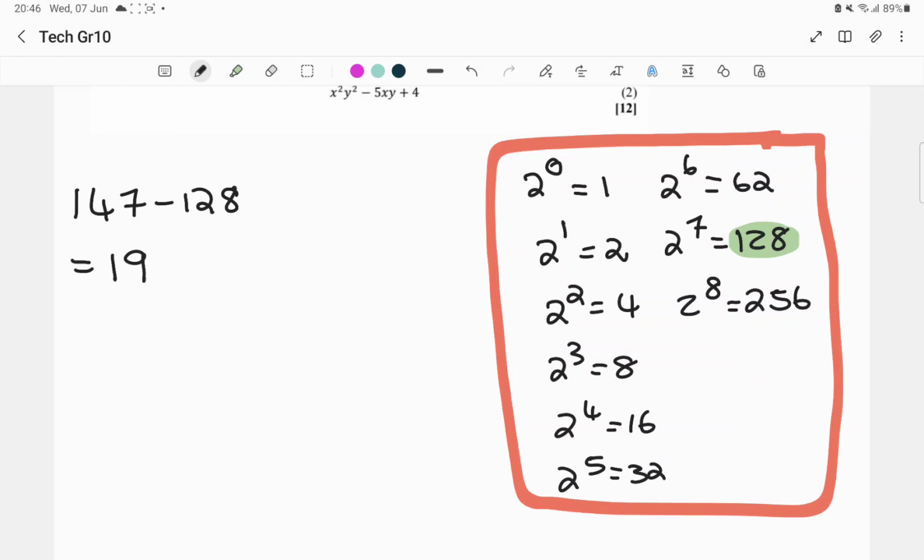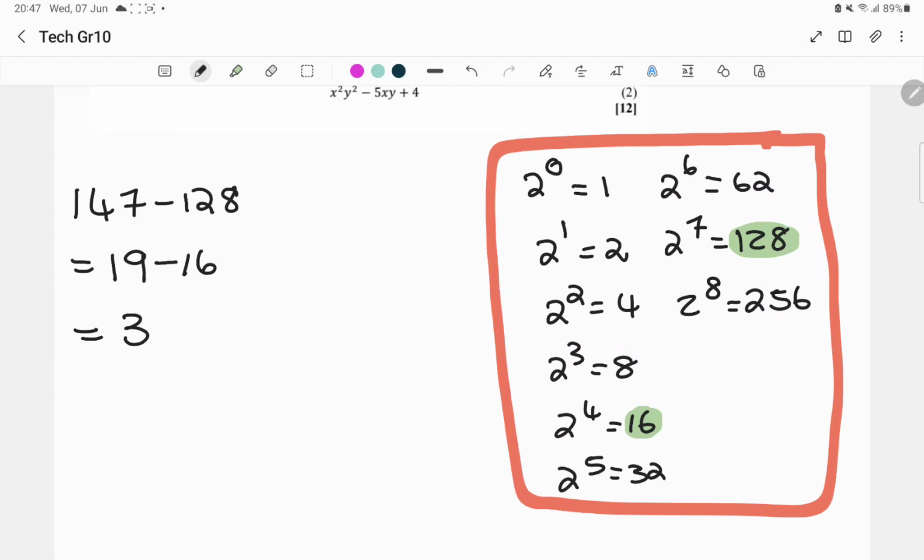So die getal naaste aan 19, maar kan nie groter wees as 19, will be 16. Alright, because 32 is greater than 19. So I'm going to take my 16 and subtract it from 19. So 19 minus 16 will give me 3.